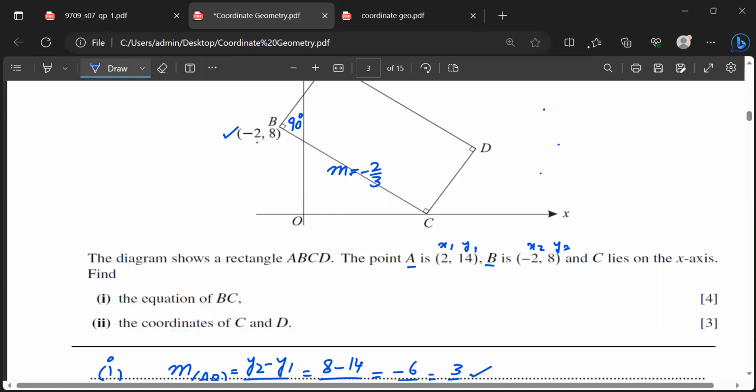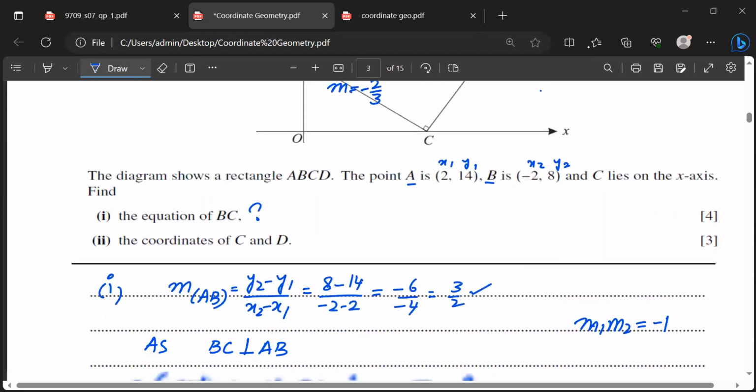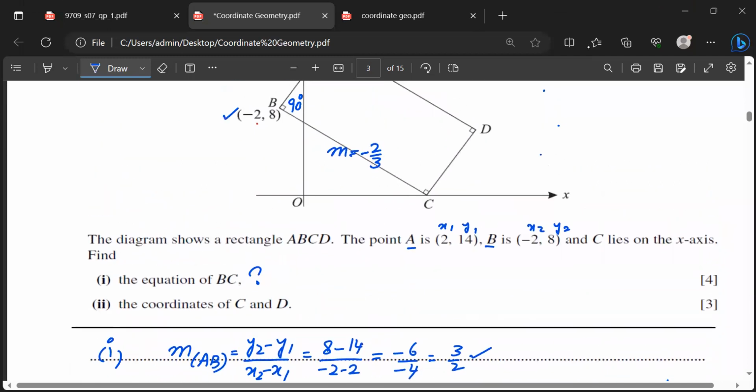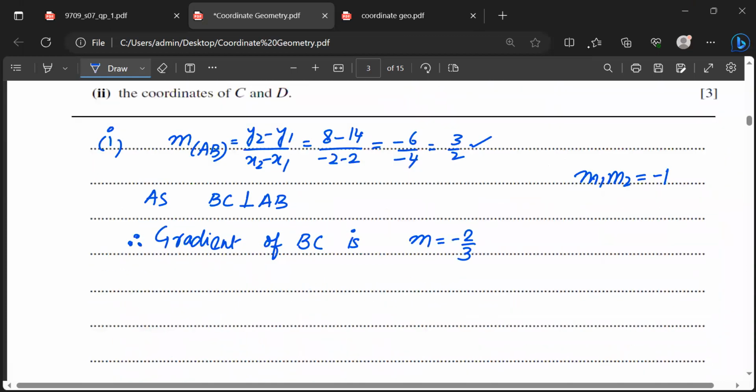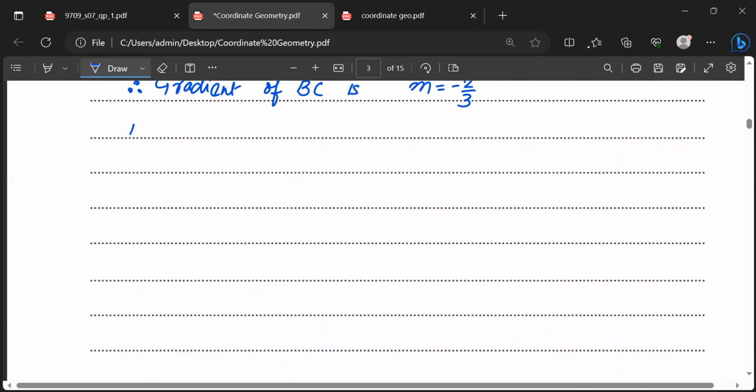The question was to find the equation of BC. Now we have the information for BC. There is a point B on this line and m is minus 2 over 3. So B is (-2, 8) and the gradient is minus 2 over 3.